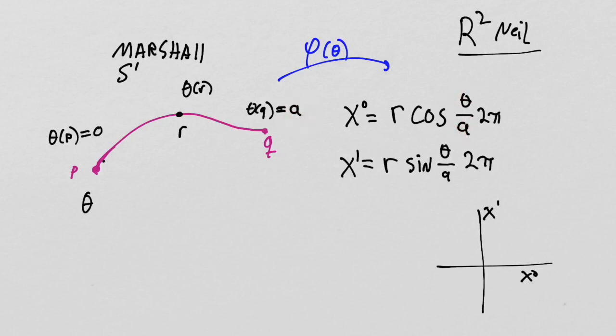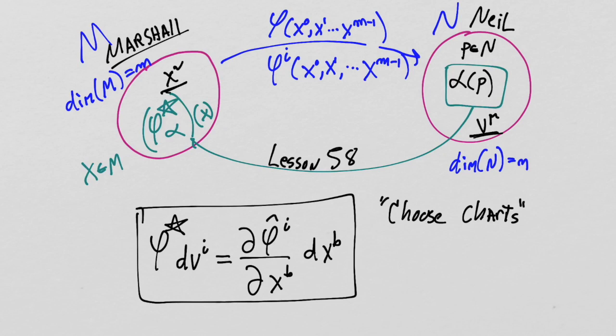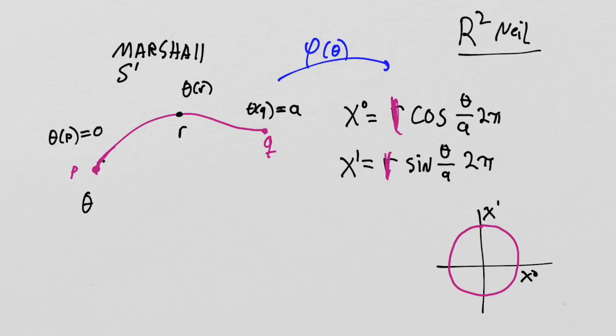So theta over a becomes 1 as theta moves over to q, and then multiply it by 2 pi. And then if I use this system and I set r equal to 1, just the number 1, because it doesn't really matter, I'm going to end up with a circle. And this is the circle that we started with, the initial circle that we considered for S1. Now all of a sudden the embedding is done.